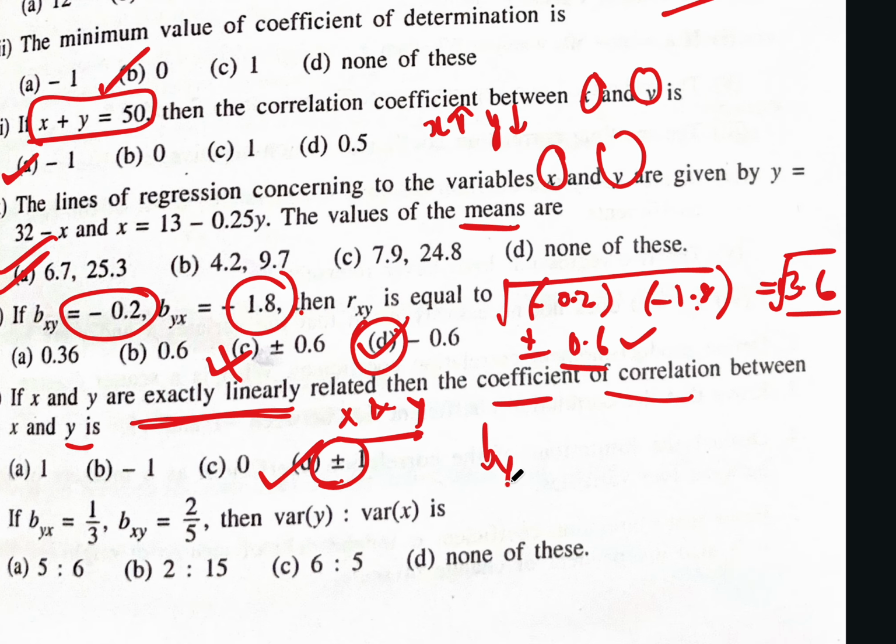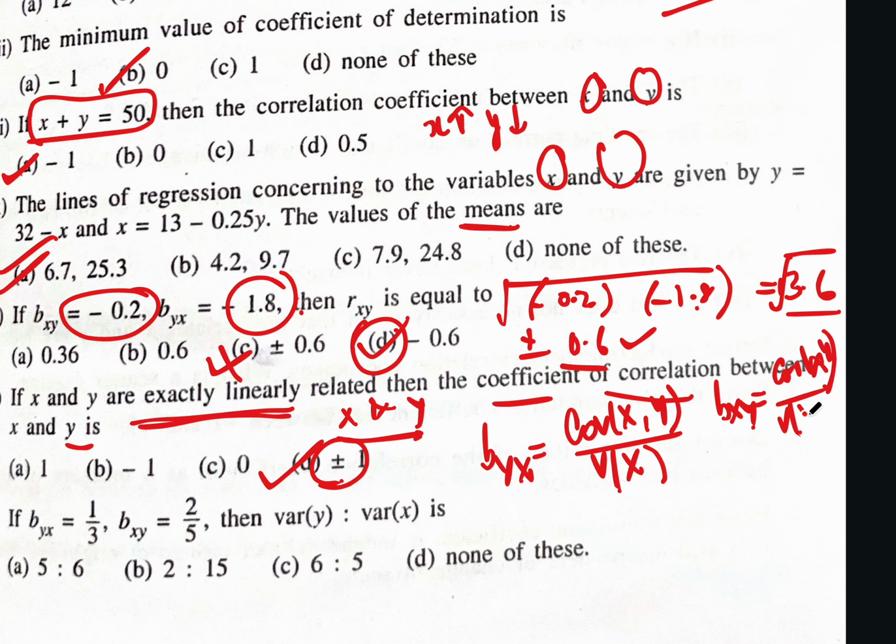So byx would be covariance of x and y over variance of x. Similarly, bxy would be covariance of xy upon variance of y.